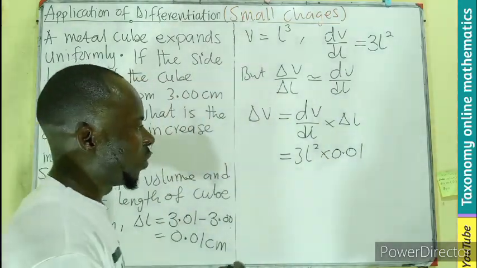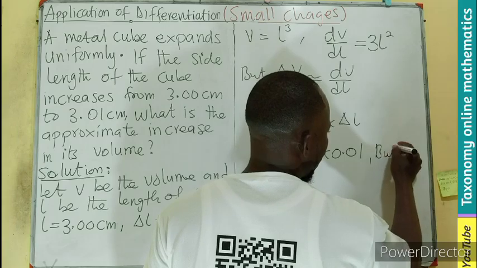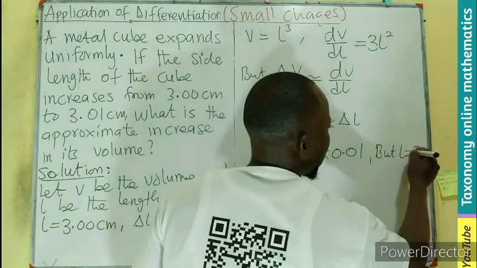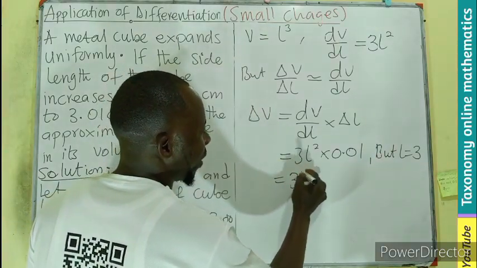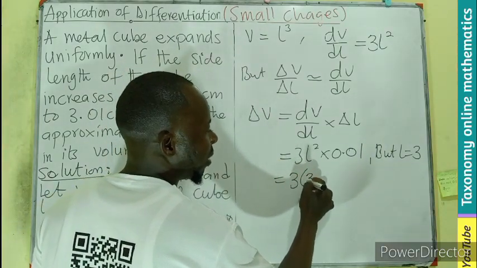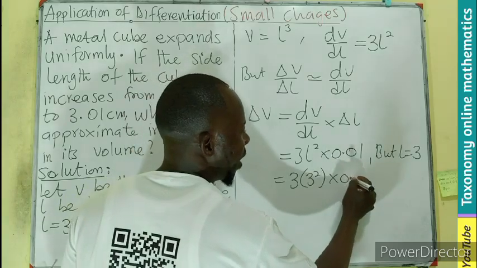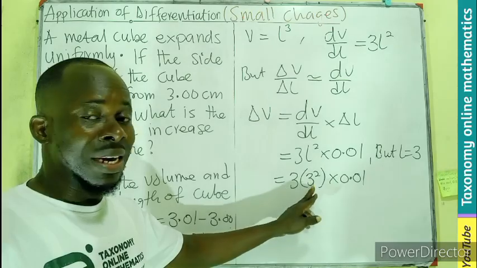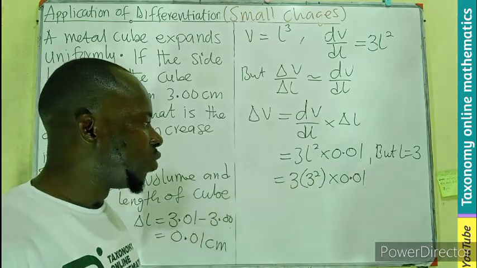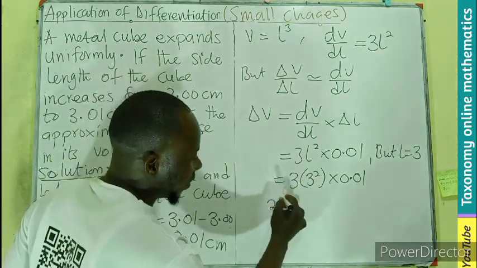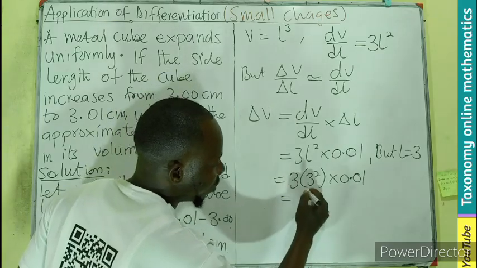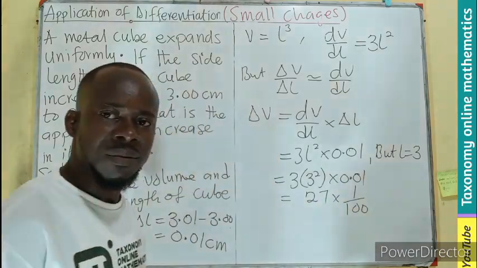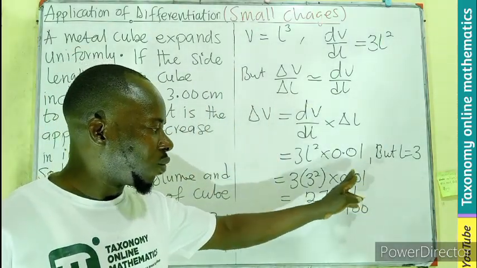0.01. But we can also say that L has been given in the beginning as 3. So if you substitute 3 raised to the power 2 times 0.01, 3 squared is 9, so 9 times 3 will be 27. So 27 times 1 over 100, since 0.01 is 1 over 100.